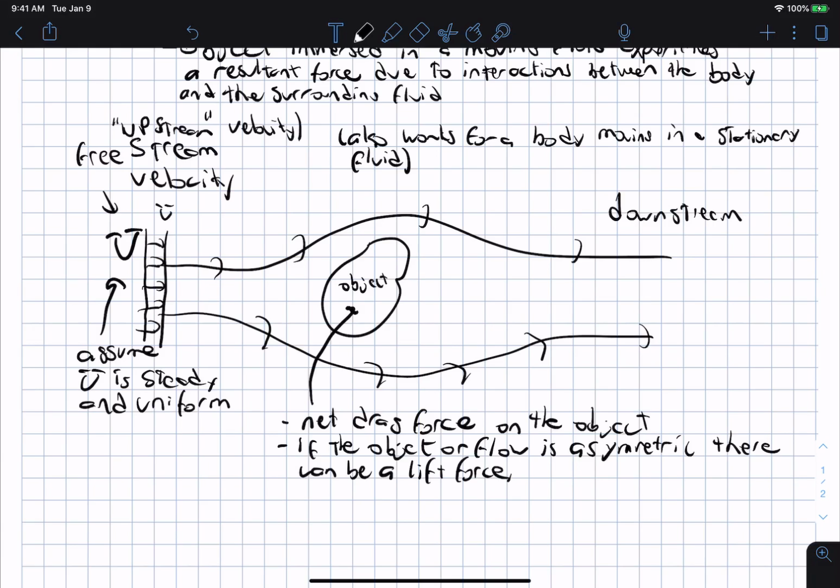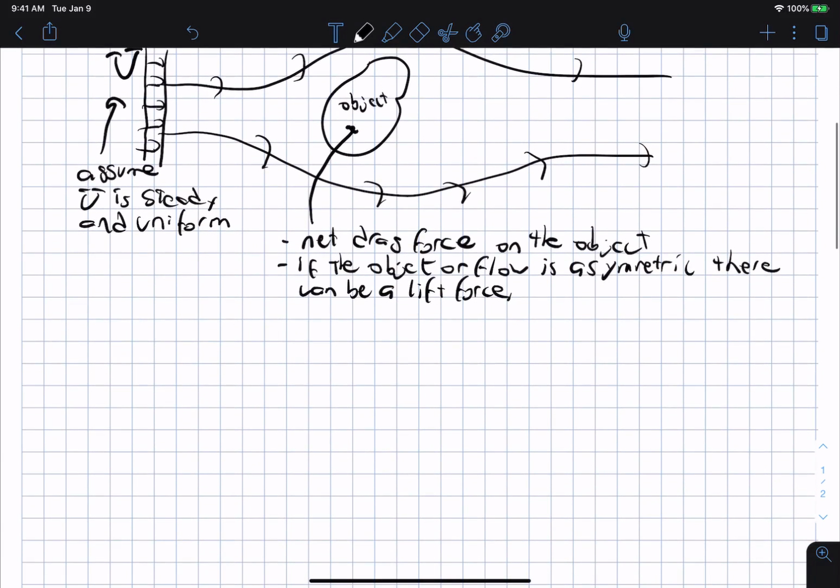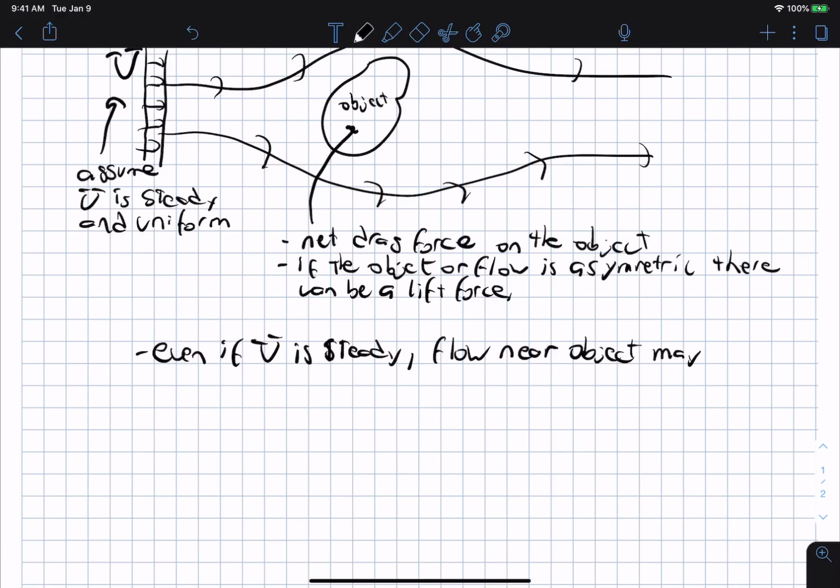Now, and I'll show this in a classic video towards the end of the lectures for this chapter, even if the free stream velocity is steady, the flow near the object may be locally unsteady.